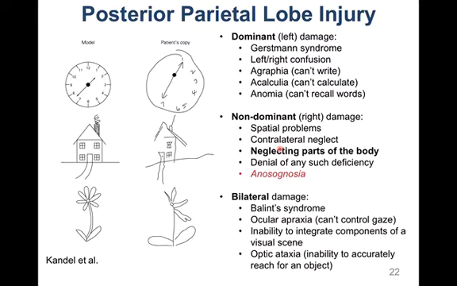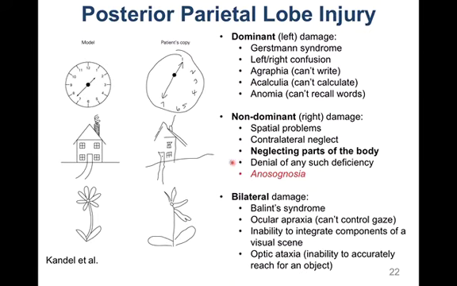That might be even neglecting the left side of their own body. Or if you were to give a patient this model diagram over here on the right and ask them to reproduce it, this is what might be reproduced. So with contralateral neglect, they're drawing everything on the right, but they're neglecting parts of the image that are on the left. That's due specifically to the non-dominant or right parietal lobe injury.